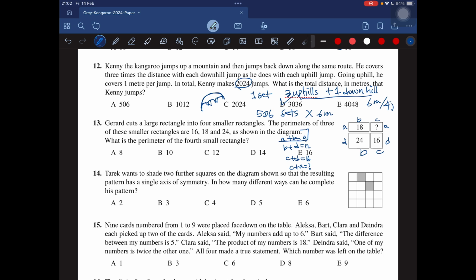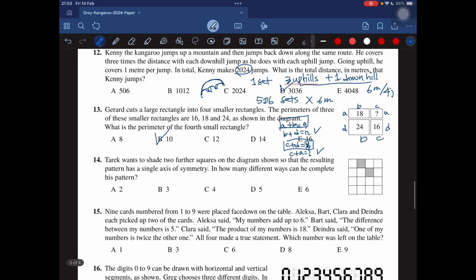So here, A plus B plus C plus D is 25. So this and this also should be 25. Oh no, C plus D is 8, sorry. So here, 17. So C plus A is 5, which means the perimeter is 10.